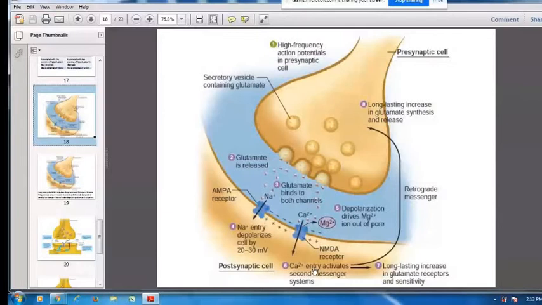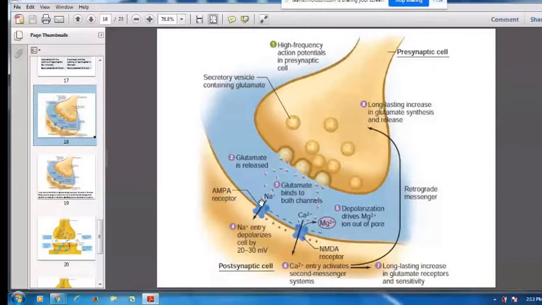So influx of positive charge, that is sodium ions or cations, causes depolarization by 20 to 30 millivolts. We have talked about the AMPA receptor, now we are talking about the NMDA receptor.